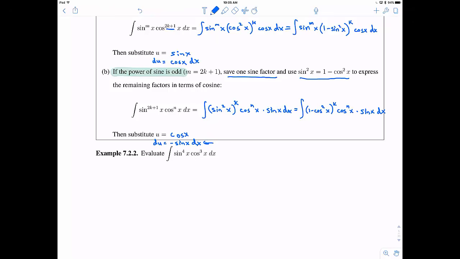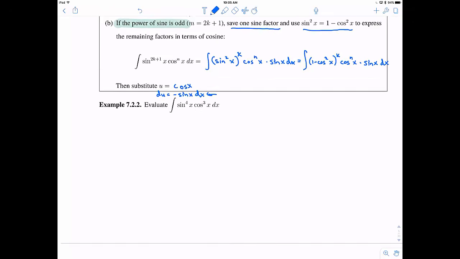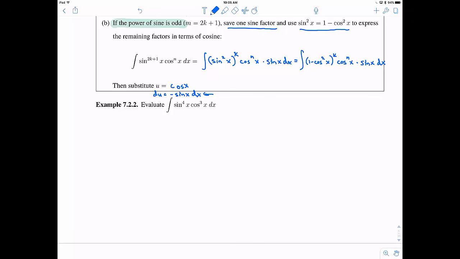Okay, so let's take the strategy and actually apply it to see how we use this. In our problem, we can see that for cosine, there are three of them. So in this case, we're in the first scenario. Sine of x is going to be our u, and then du is going to be cosine of x dx. We're going to try to keep one of the cosines and turn all the others into sines, so that way they can be used as u's.